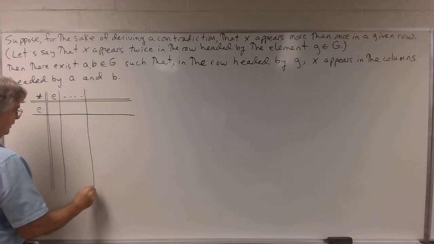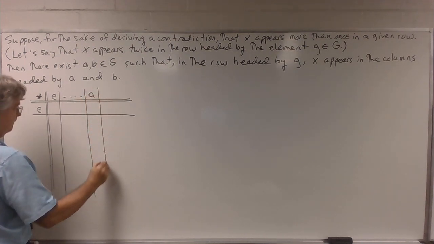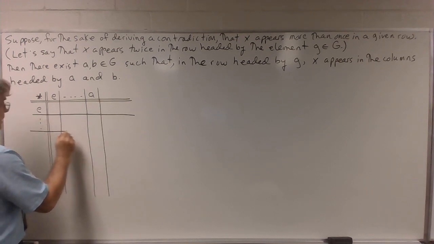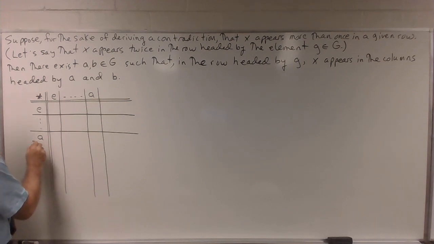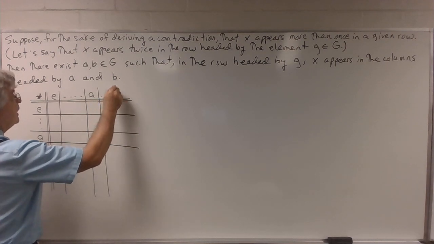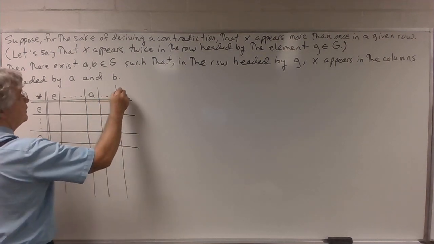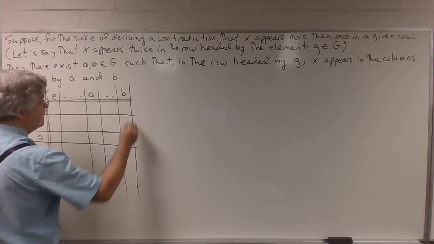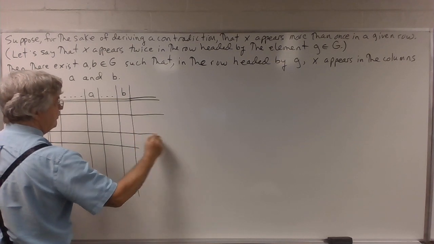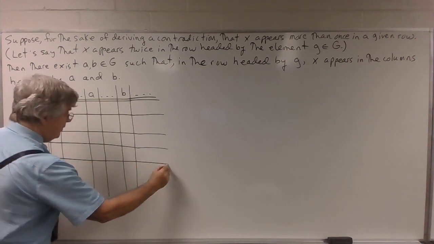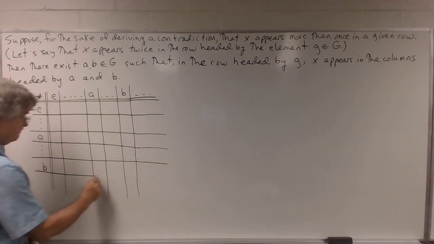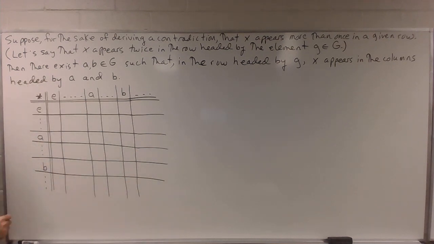And then somewhere in the group, there's a column headed by A. And somewhere in the group table, there's a row headed by A. And somewhere in the group, there's a column headed by the element B. And somewhere in the group table, there's a row headed by the element B. Except I guess I really don't need this. I really don't need this.